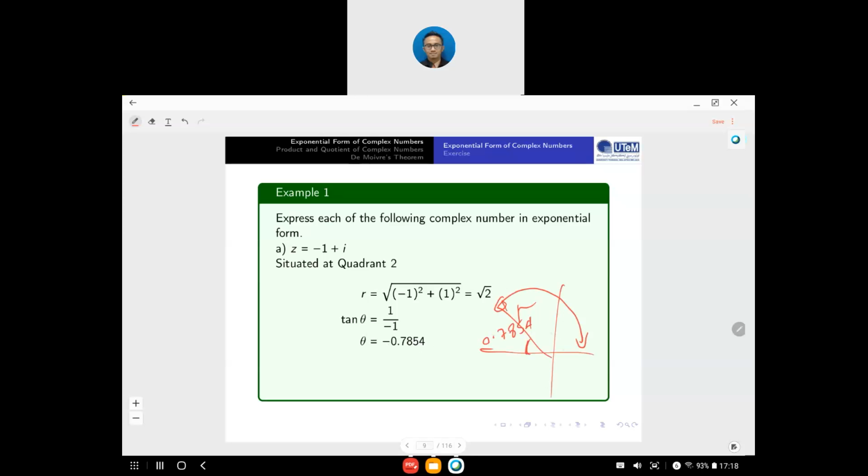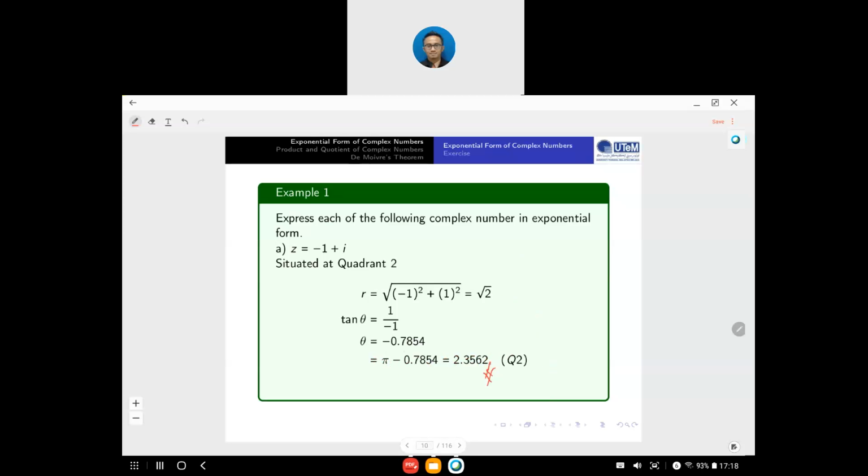So you need to find what is this value. We know that the half of the triangle is the pi. So theta you can get pi minus 0.7854, so you can get equal to 2.3562.